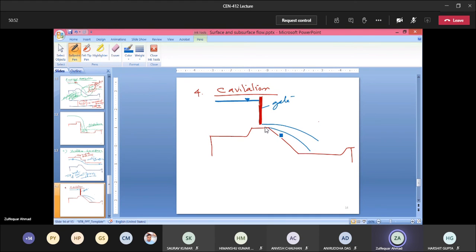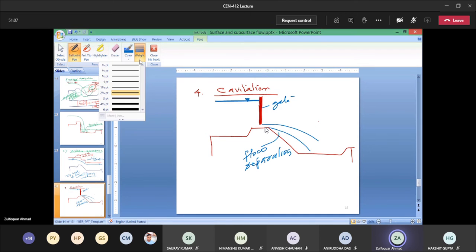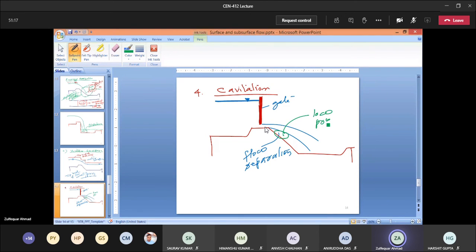Here is the flow separation, I mean the flow is separating from the boundary. Once it separates from the boundary, a low pressure zone will develop here. And if that reaches the vapor pressure, the state will change, which is not desirable.